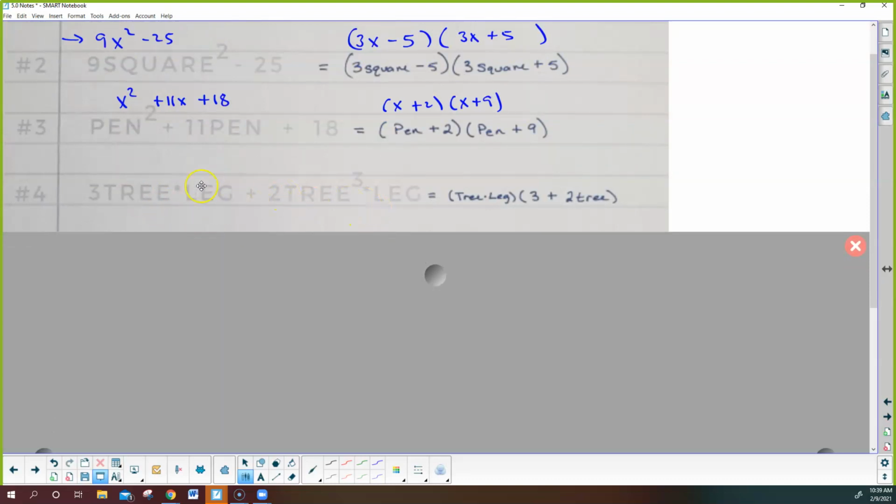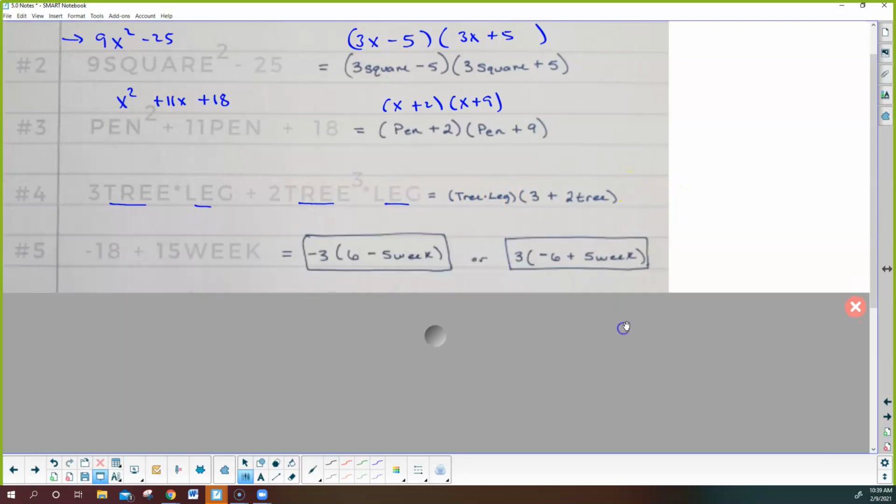In this case, it doesn't work as well because we have variables mixed together. So when I look at this, I'm thinking, what do they have in common? They each have at least one tree and one leg in common. So I'm going to factor that out. And what's left over is 3 plus 2 tree. Okay.